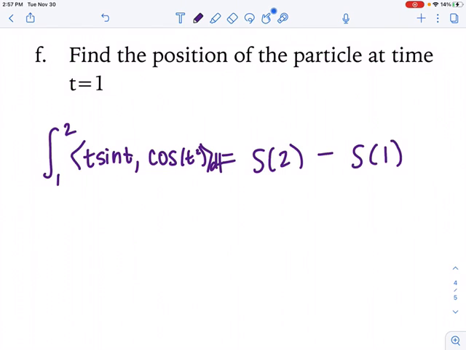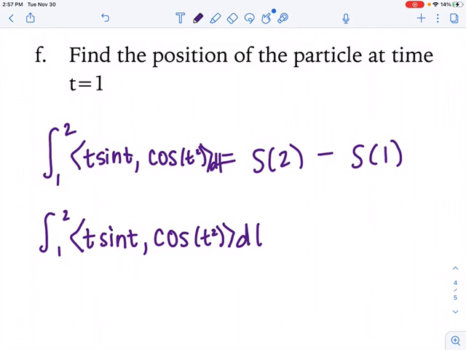So we're going to have the integral from 1 to 2 of t sine of t, comma cosine of t squared, dt. We know that the position at 2 is (1, 4). And we're finding the position at 1.